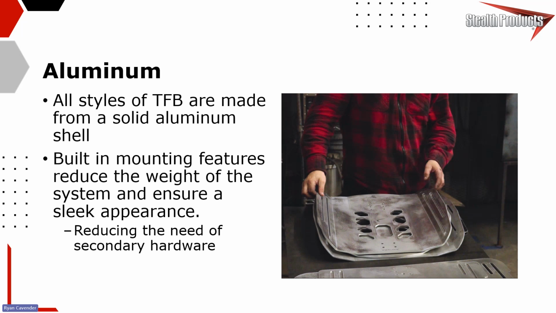We can also, instead of having to bolt on external tracks and things just to mount hardware, reduce extra pieces, right? So I'll show you how we do that as we go through, but that also lets us cut down on the weight overall. But we do cut, we do bend, we do powder coat every single one of these backs per order.